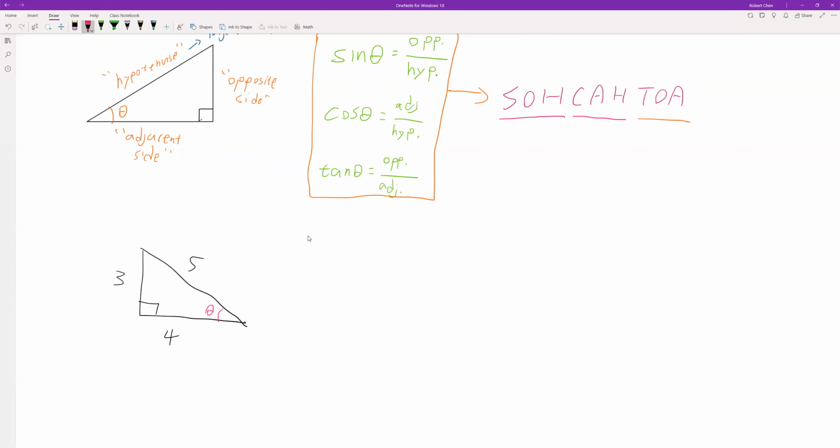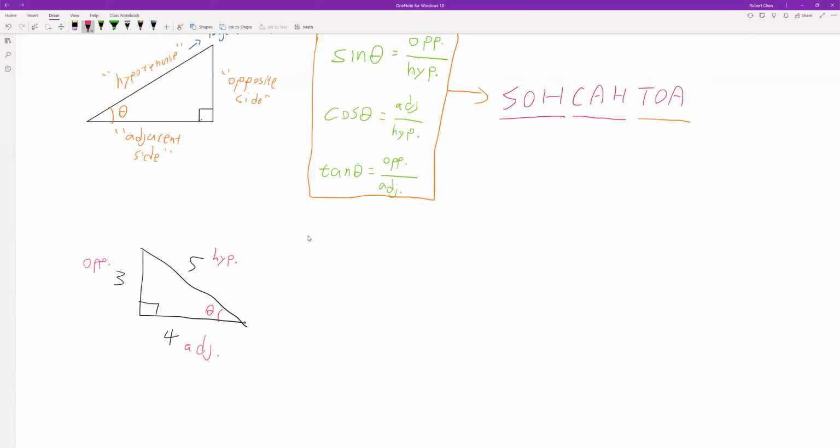Usually the easier part is to start with the longest side, which is the side that is opposite of the right angle. In this case, it's 5. So that's the hypotenuse. And then the side that is opposite of our reference angle theta is 3. That means that's the opposite side. And 4, that's connecting the right angle and the reference angle. That will be our adjacent side.